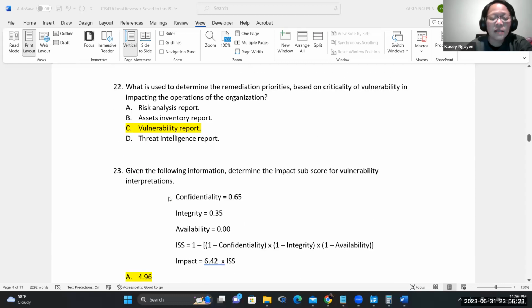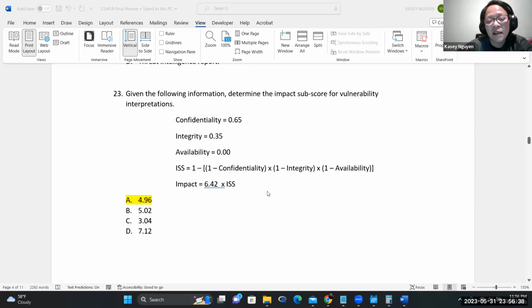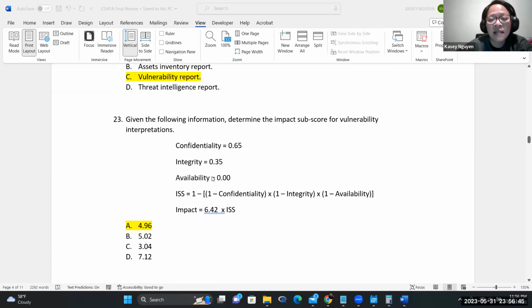For 23, given the following information, determine the impact subscore of vulnerability interpretations. So confidentiality is 0.65, which is 65%. Integrity is 0.35, 35%. Availability is 0.00, 0%. So to determine the impact subscore, your ISS, we would take 1 minus the product of the following.